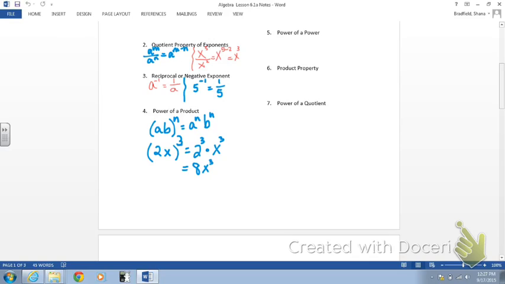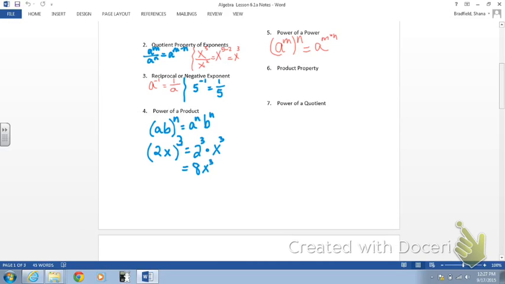For number 5, that's a power of a power. So I have an exponent and then I have yet another exponent on there. So let's say I have a to the m and then to the n power. When you have a power to a power, you're going to multiply the exponents.